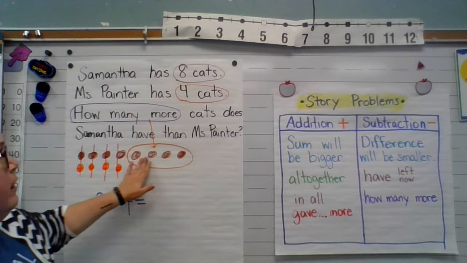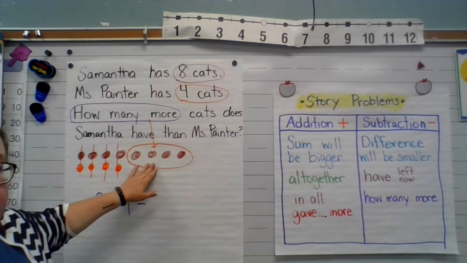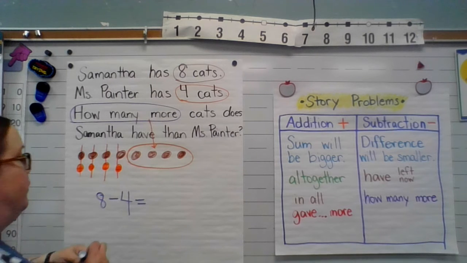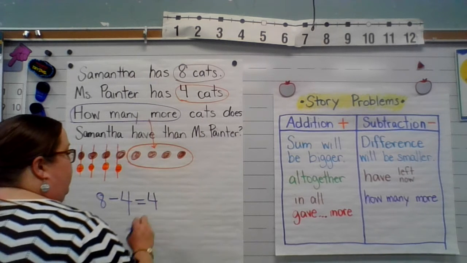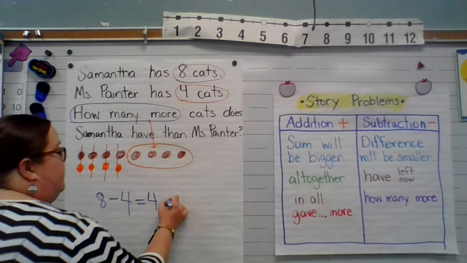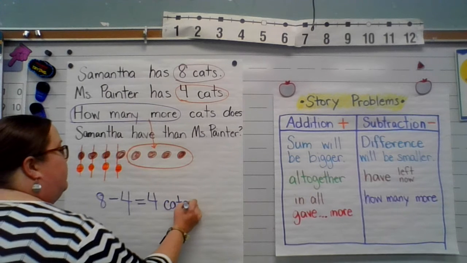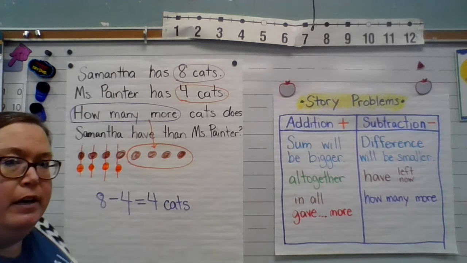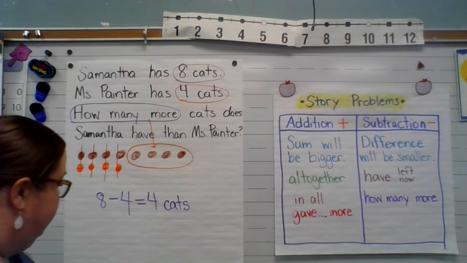This is how many more cats that Samantha has than Miss Painter. So how many does she have more? 1, 2, 3, 4. Good. She has 4 cats more. Okay, so 8 minus 4 equals 4. And then our label or unit is cats.